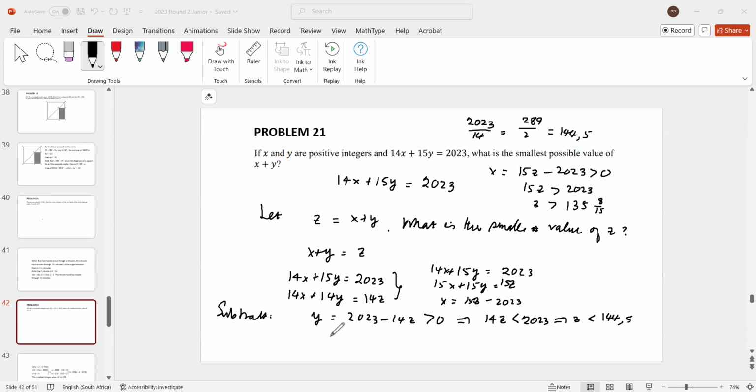It's an integer. You can't let z be equal to that. The smallest integer beyond it is 136. So z is an integer. It's going to be 136 or 137 all the way up to 144 because it's smaller than that. But we want the smallest value for z, and therefore the smallest value for z is 136.